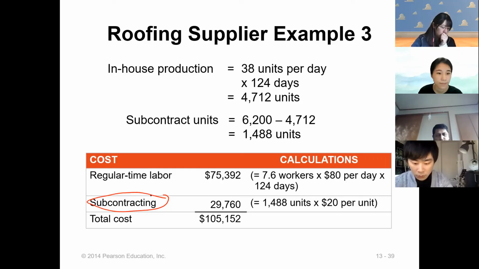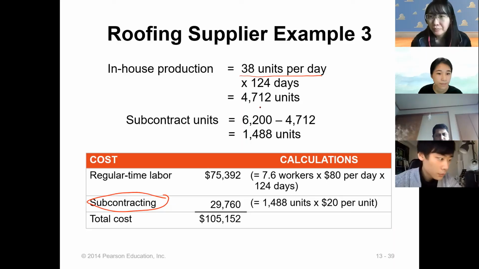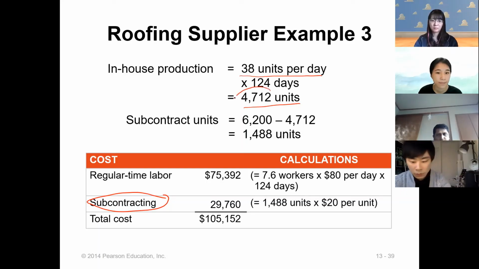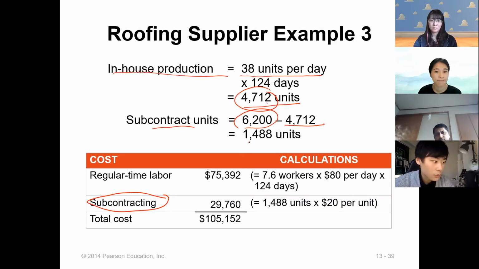So your in-house production is 38 units per day times 124 days, and you will be able to produce 4,700 units. And the rest of it, you need to subcontract out. So your total demand minus your in-house production capacity, you will require 1,480 units to be subcontracted out.